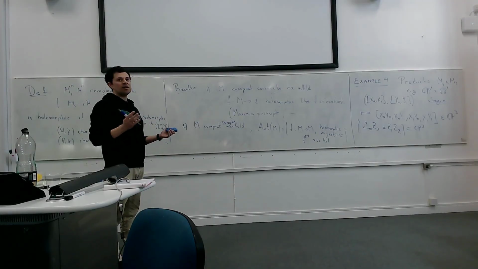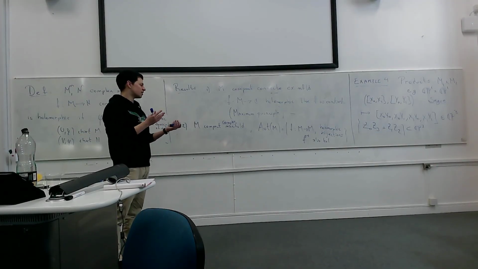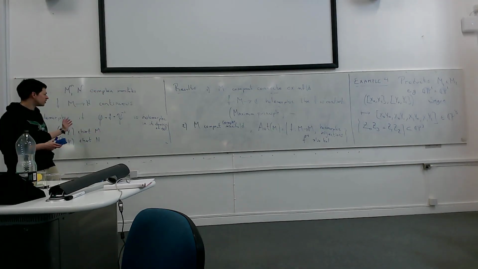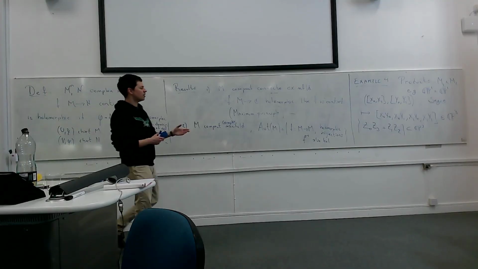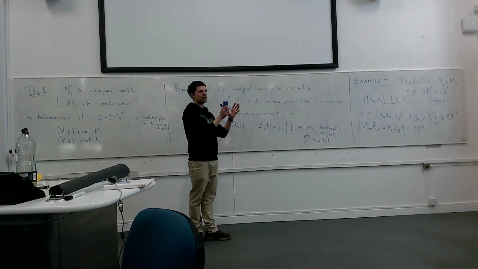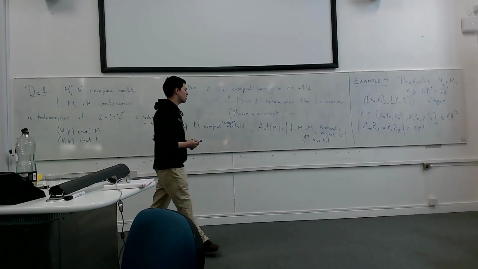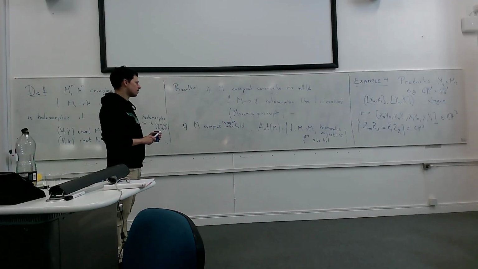So in the category of complex manifolds, two complex manifolds which are biholomorphic, so that means that there is a holomorphic map with a holomorphic inverse, are considered sort of the same. And then in particular, if you have a complex manifold, you can look at the group of automorphisms, so self-biholomorphisms of M with itself.